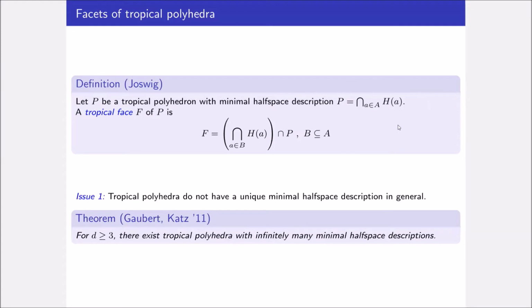If you could pick a canonical one, that might be some way to make sure you always have the same definition of a face. But in general, I don't believe we have a canonical description. And actually, it's even worse than that. Once we're in dimension 3 and greater, we can find tropical polyhedra with infinitely many minimal half-space descriptions. And this is a theorem of Stefan and Ricardo Katz.